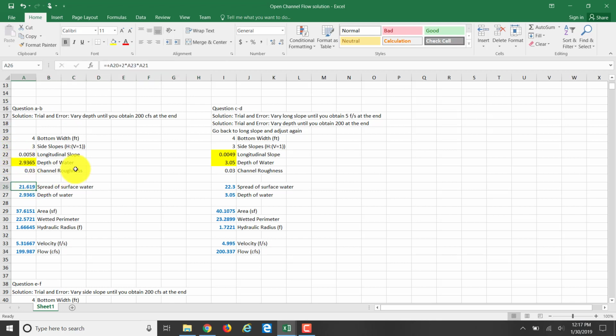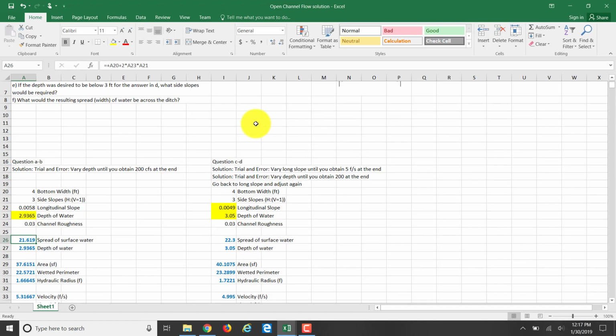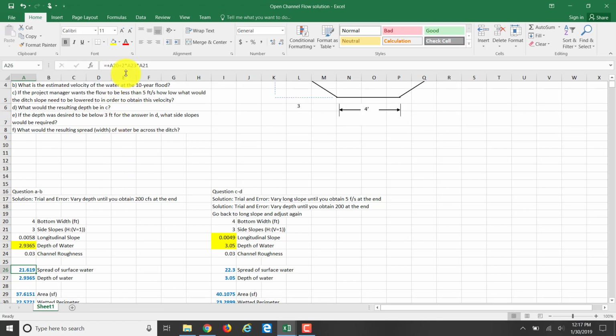First off is the spread of the water, which is the length across the top of the channel, presuming a specific depth of the water. Initially I have cell A20, which is the 4 feet across the bottom.